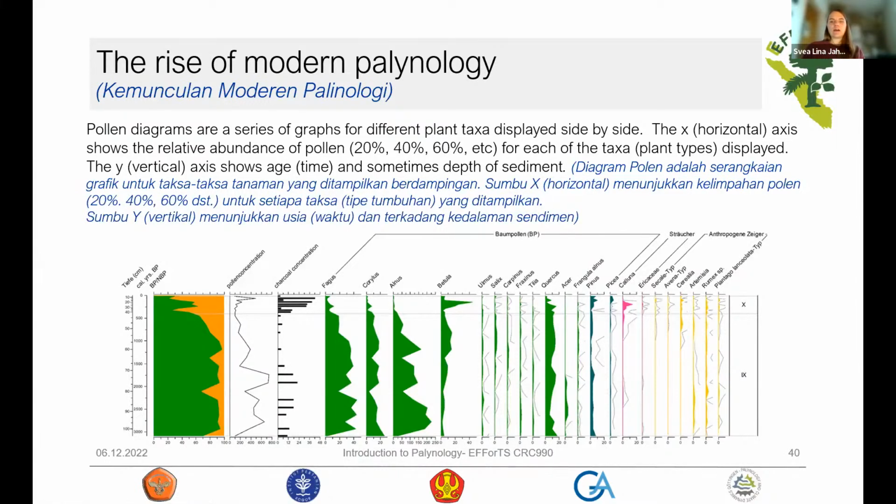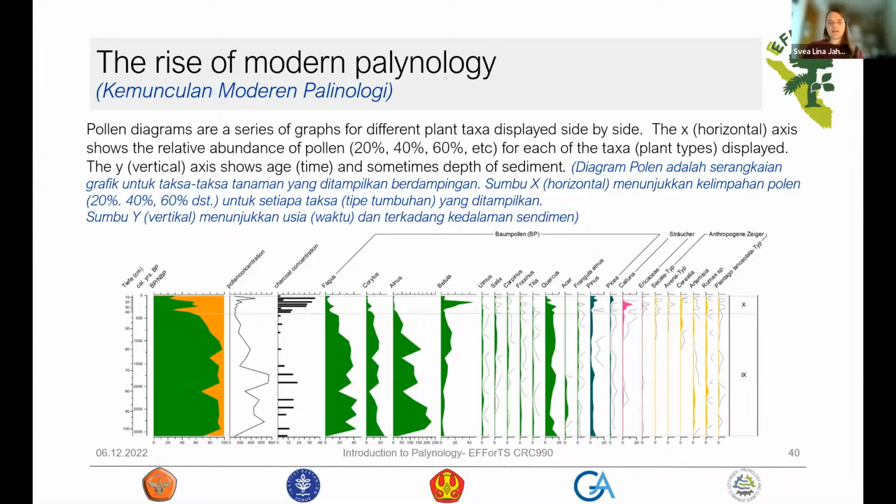And the horizontal axis, so the x-axis, shows the relative abundance of pollen, so the percentual amount of pollen that you found in your sample. So let's say one area of this line is one sample. And here we found, for example, 20% of taxon number 1, and 40% of taxon number 2, and 60% of taxon number 3 or something.